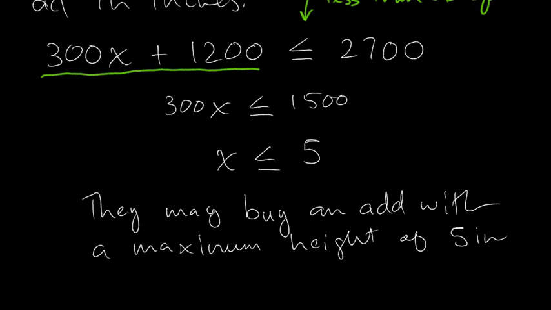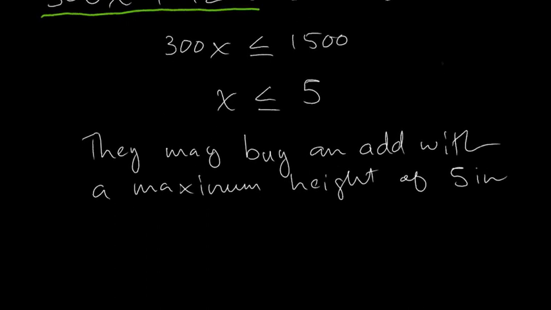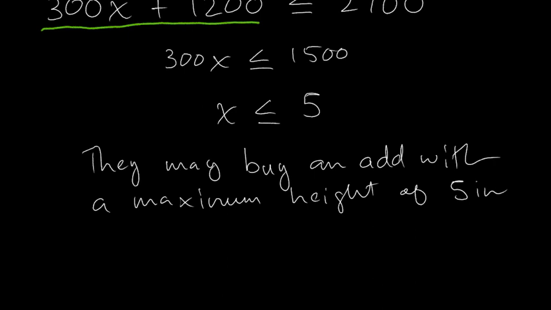And if you think about it, I could put another constraint on this, although I don't know that I need to. But it does not make sense for them to talk about buying an ad that's negative 2 inches in height. So if it was really going to make logical sense, the height of the ad has to be more than 0, but less than or equal to 5.